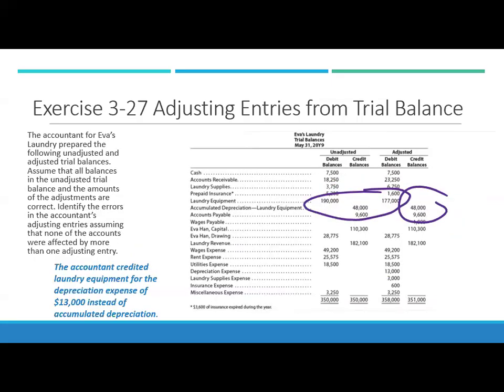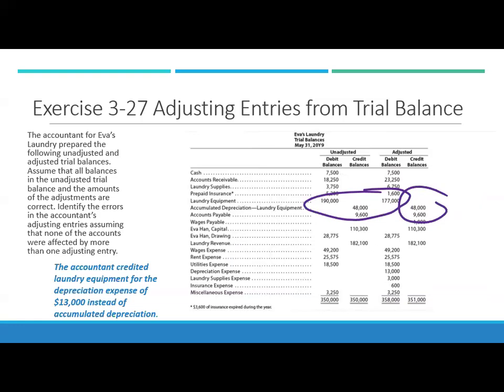And then there was depreciation expense of $13,000, but accumulated depreciation didn't change, and the laundry equipment was debited incorrectly, right? Remember, when we do our depreciation entries, this is super important. We debit depreciation expense and we credit accumulated depreciation.